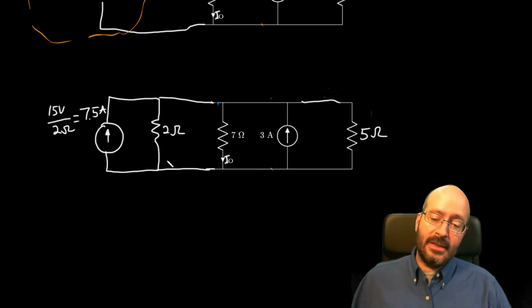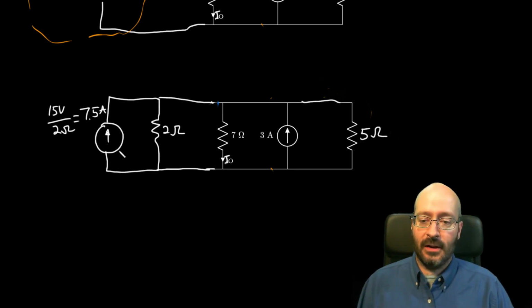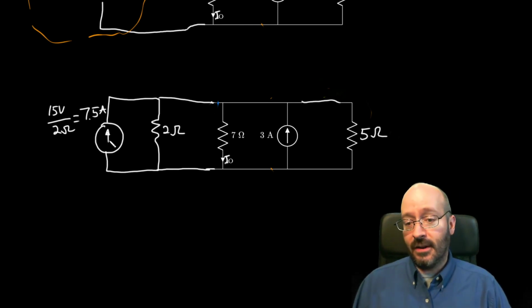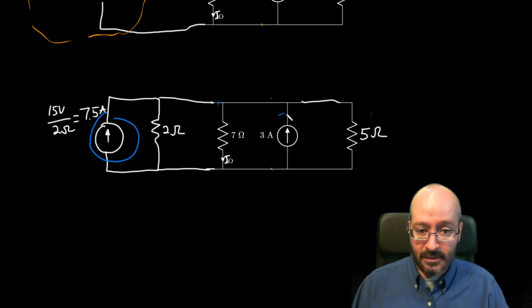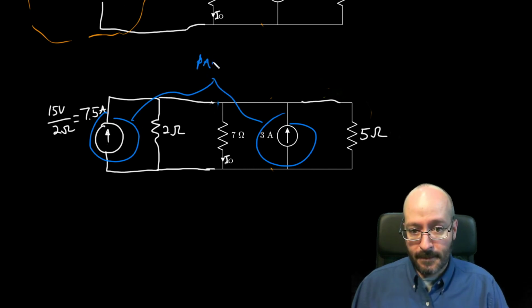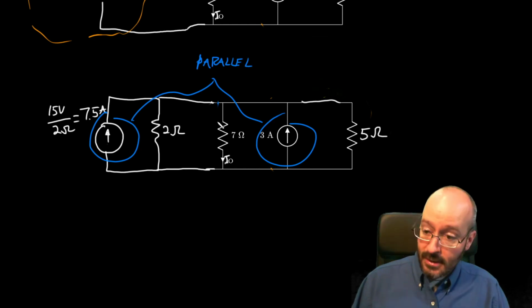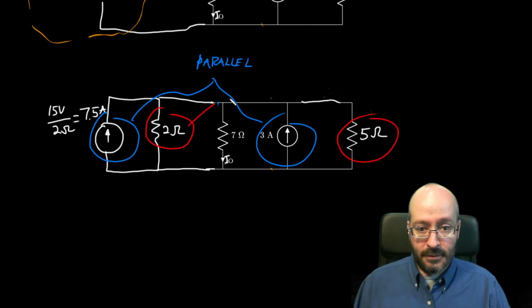All right, anything in series? Not a single thing in series in this circuit. Anything in parallel? Yeah, a handful of things. We've got the current supplies in parallel, right? And the resistors are also in parallel.